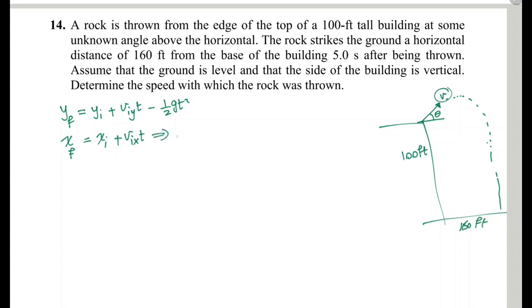In other words, 160 foot equals the initial x velocity times 5, which equals 32 foot per second. And remember, you have to convert g equal to minus 32 foot per second square.